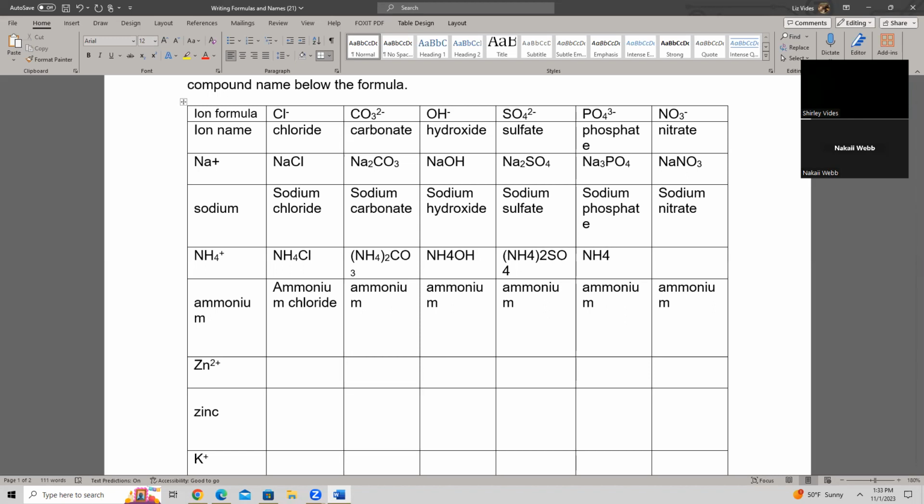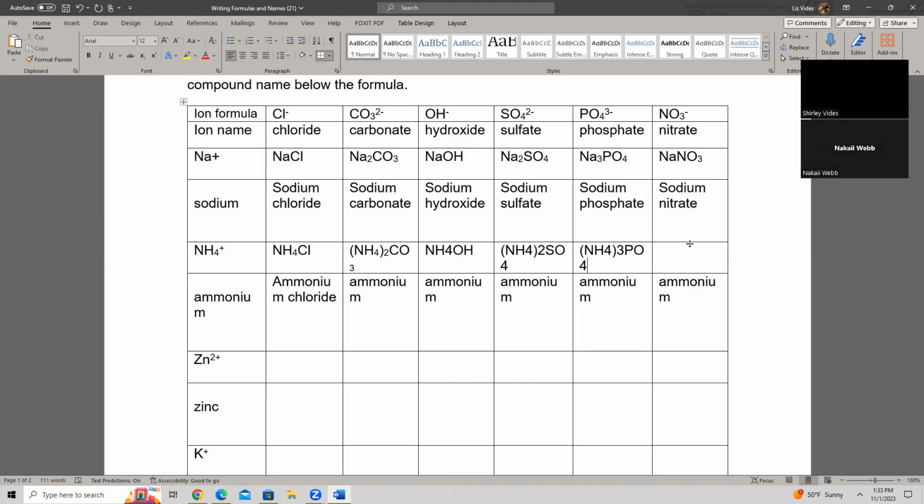Okay, so this one gets a 3, yes? Because the phosphate has a 3 negative, right? And then it's PO4. And then the last one is NH4NO3. There you go. So that's all of them.